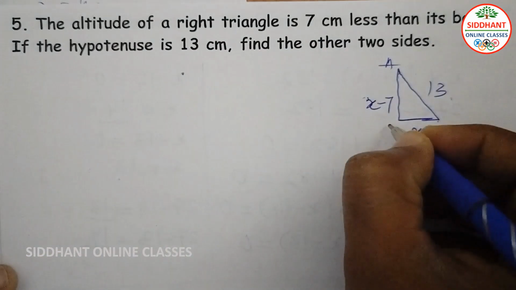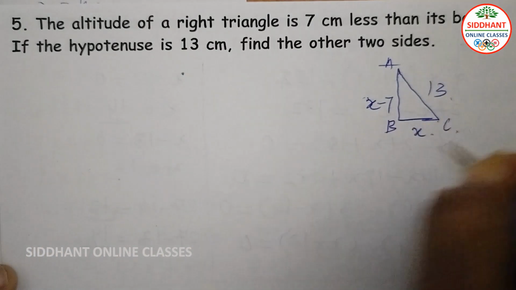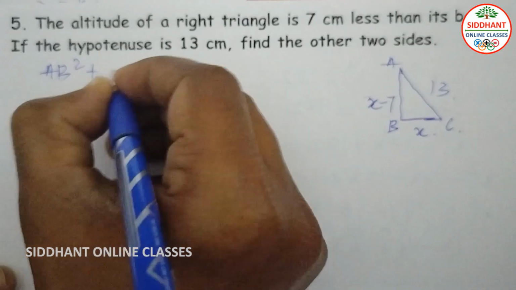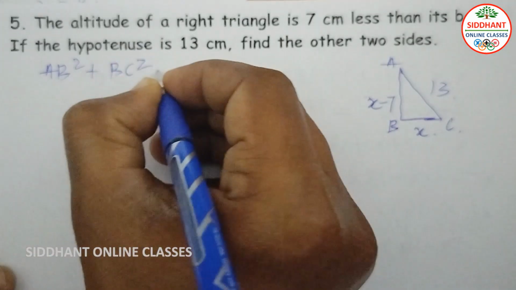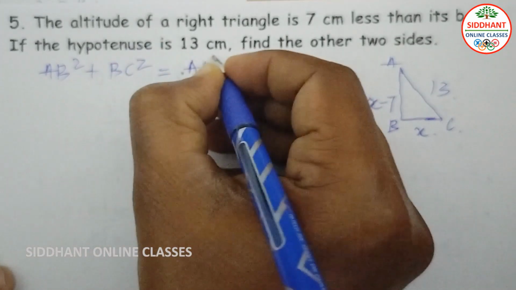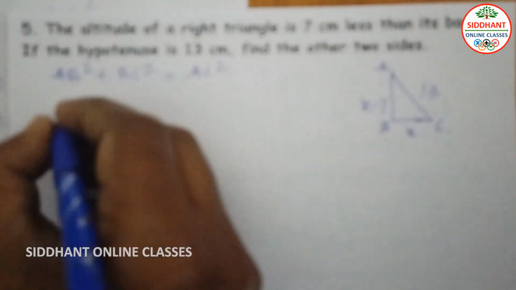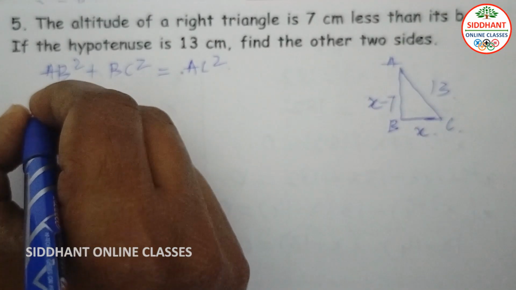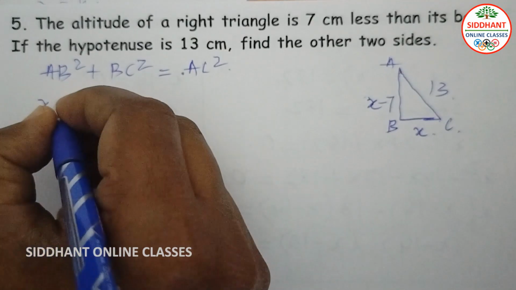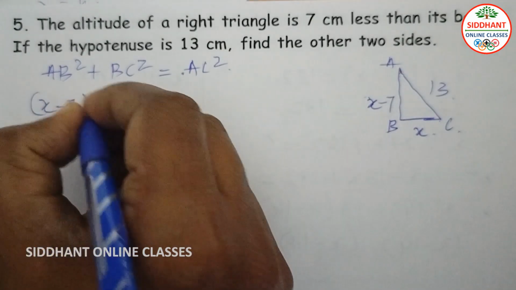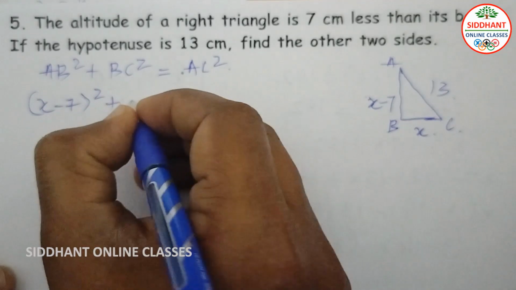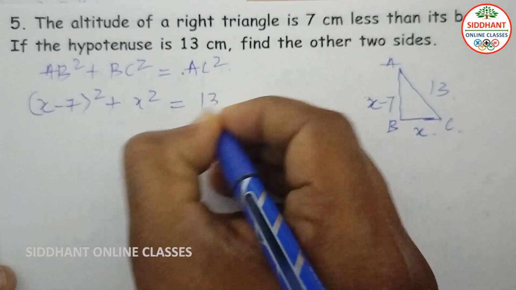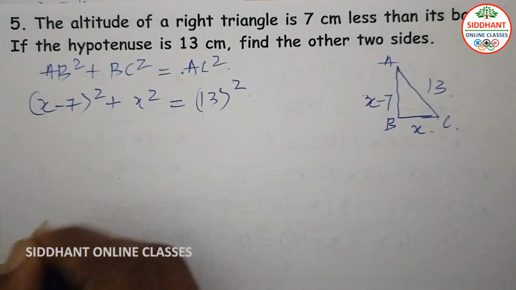So we know the Pythagoras theorem. Suppose a here, b here, c. So we know AB square plus BC square equal to AC square here. So applying the theorem here, which will be x minus 7 whole square plus x square equal to 13 whole square.